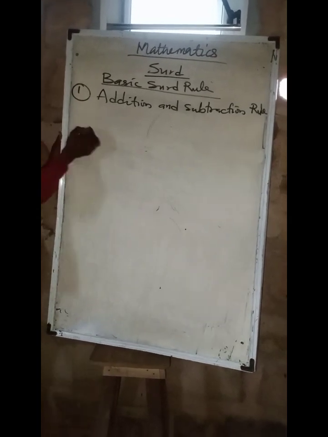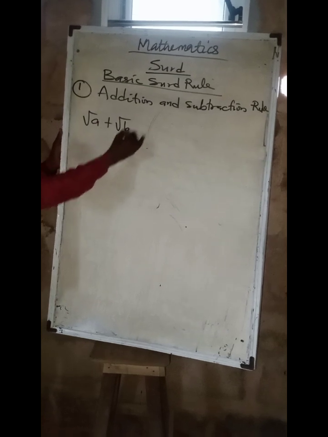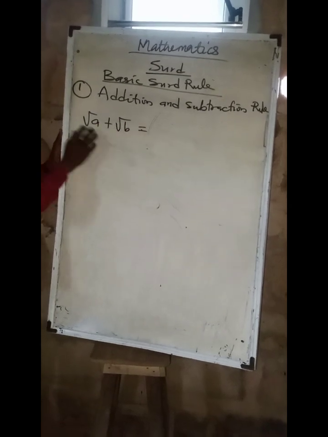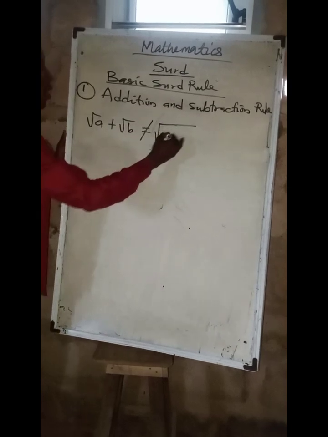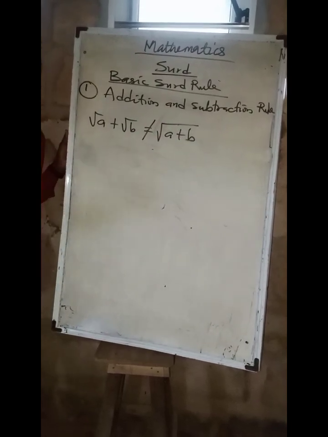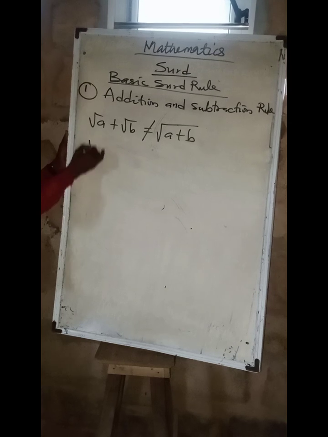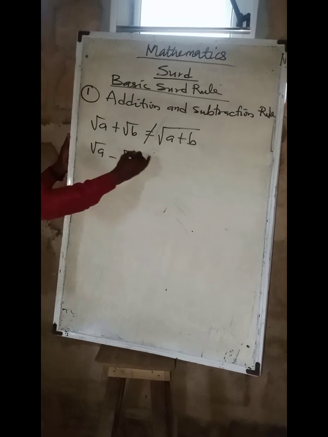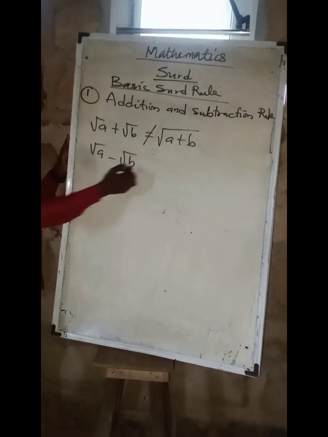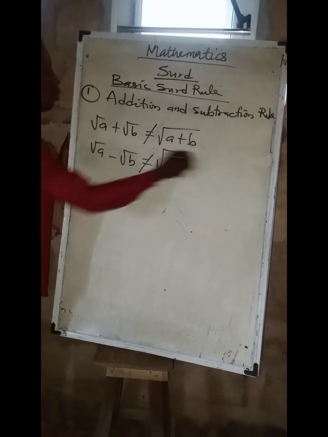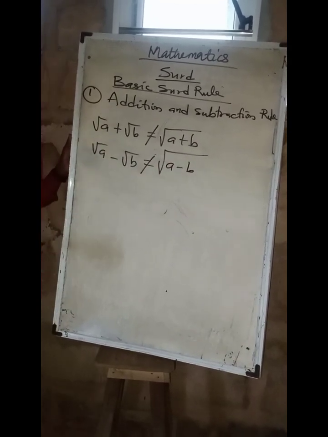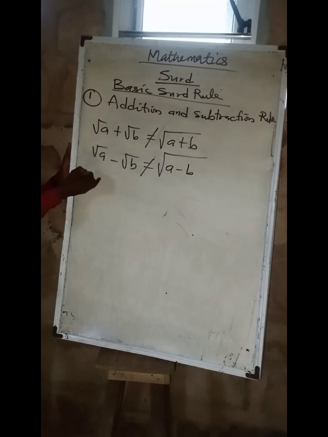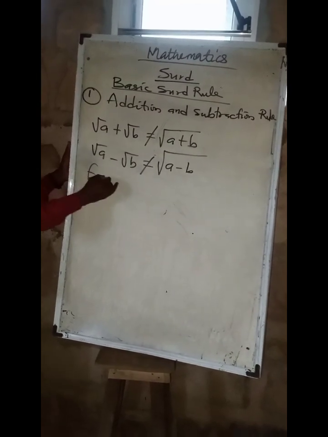Let's look at it. Given surd A and surd B, we're told by the rule that surd A plus surd B is not equal to surd of A plus B. The subtraction rule also states that surd A minus surd B is not equal to surd A minus B. It's not equal to. So let's take a practical example.